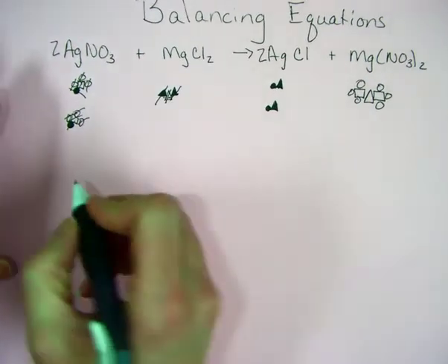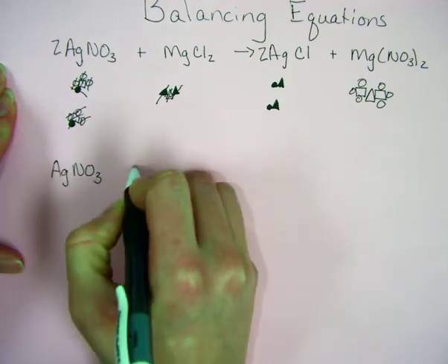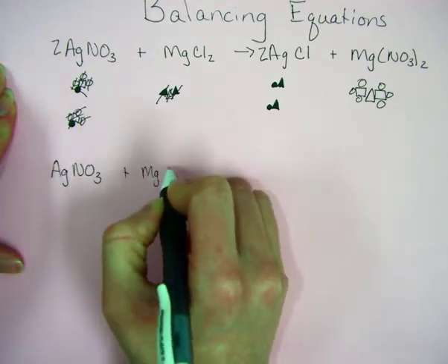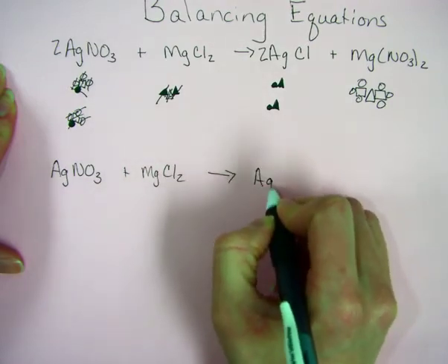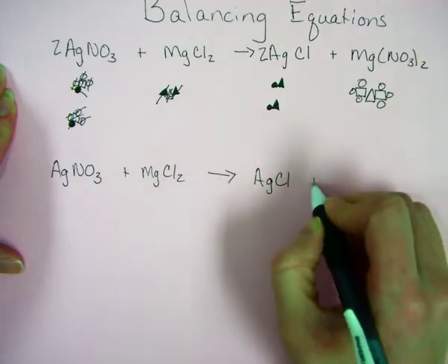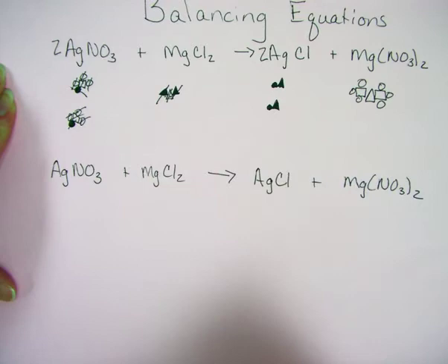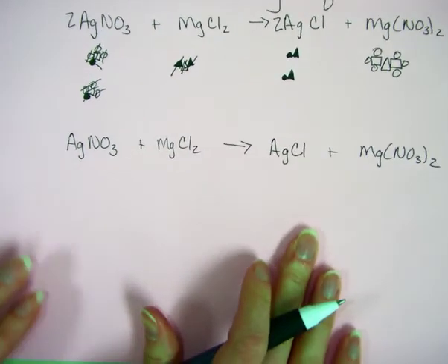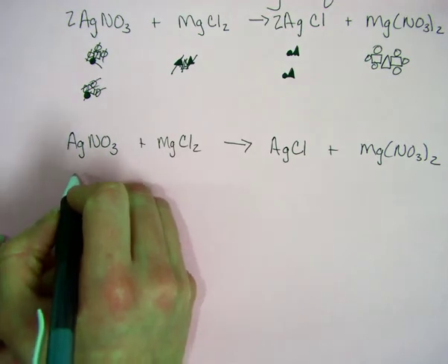To do this by counting, you have AgNO3 plus MgCl2 goes to AgCl plus MgNO3. To do the counting method, you make a list on each side of the reactants and the products.